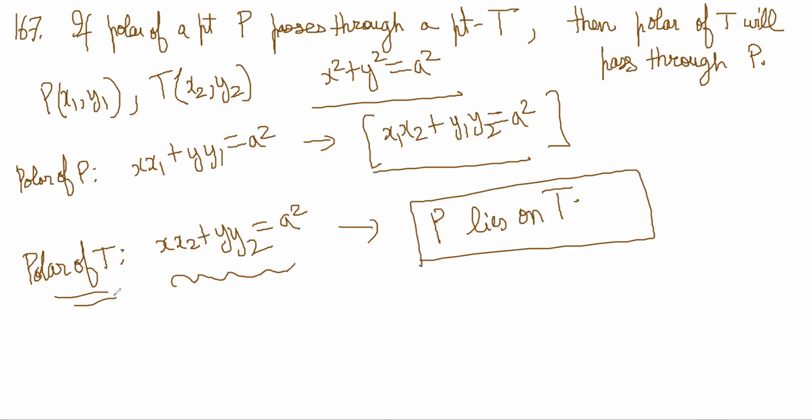Now there is one more thing. There is a corollary beneath 167. The corollary says the intersection T of the polars of two points P and Q is the pole of the line PQ. That is quite interesting. I'll just write it on the next page.